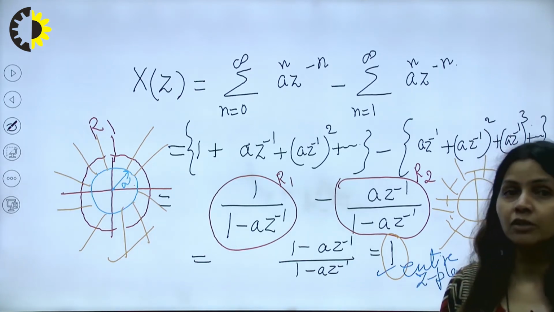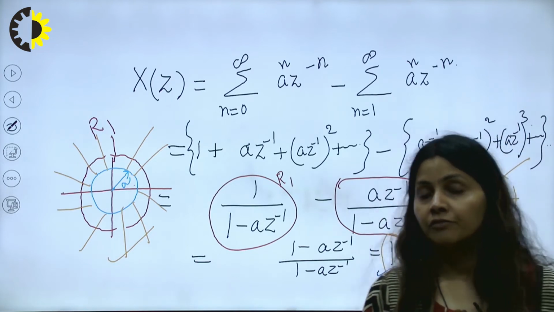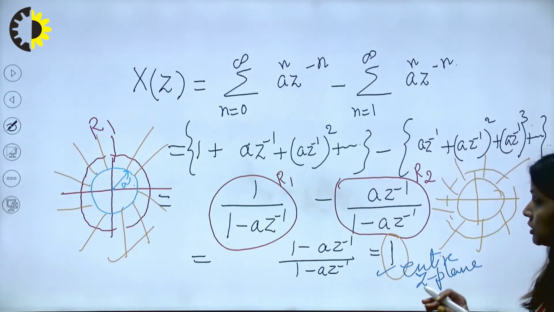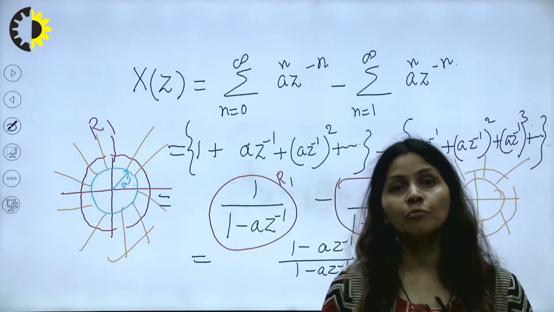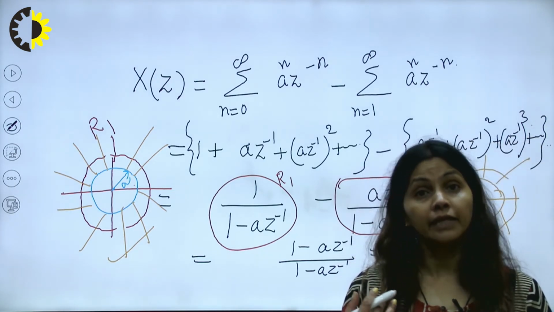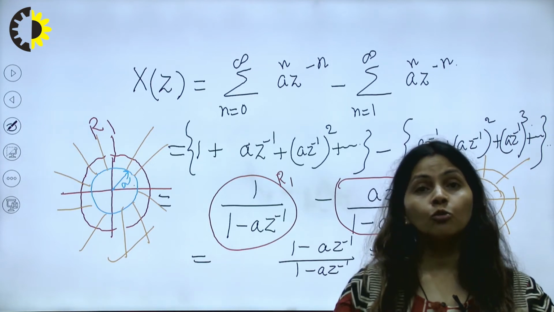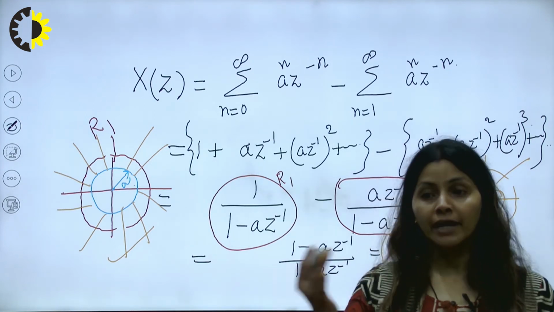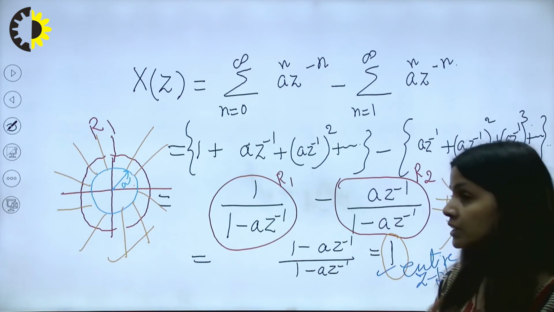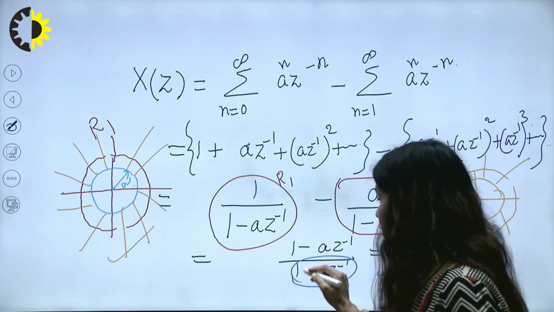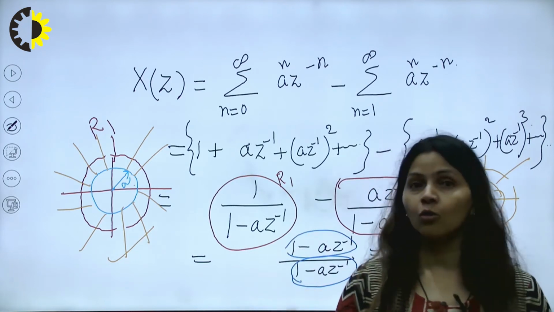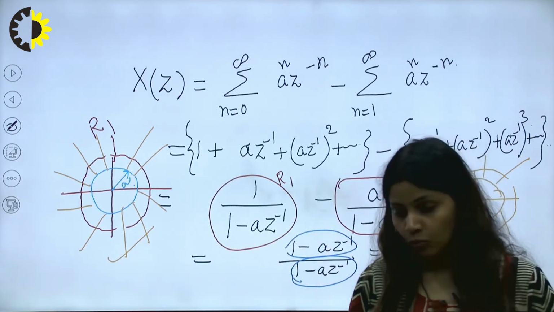So in this particular example, we can see very well the ROC is extending from mod Z greater than A to the entire plane. And why is it happening? What is the reason? Because this pole is being cancelled by the zero.